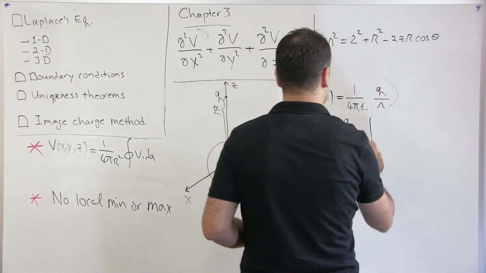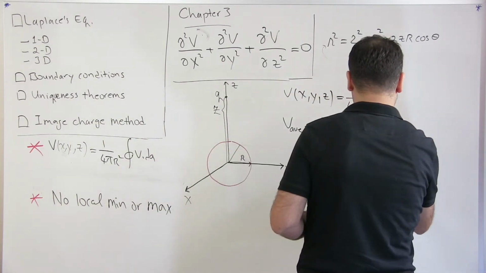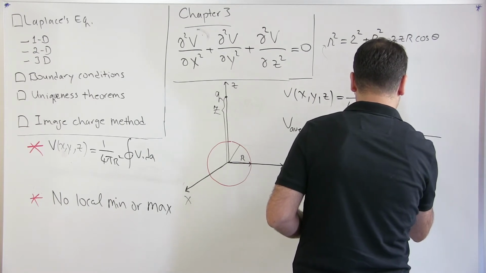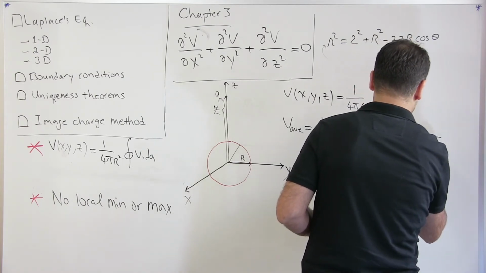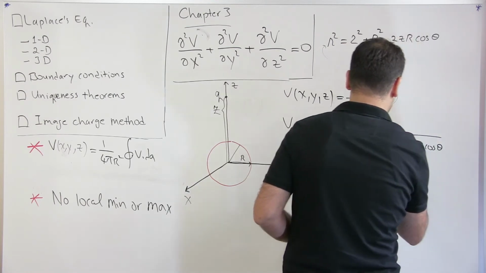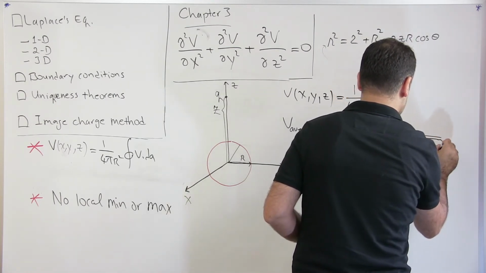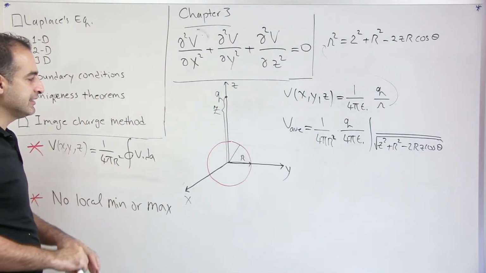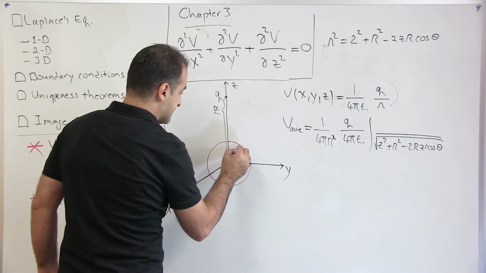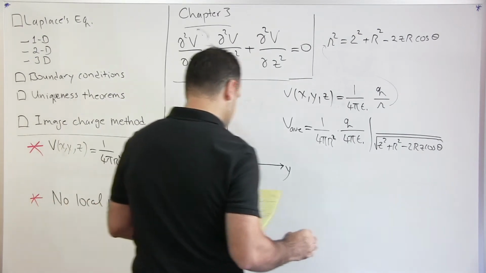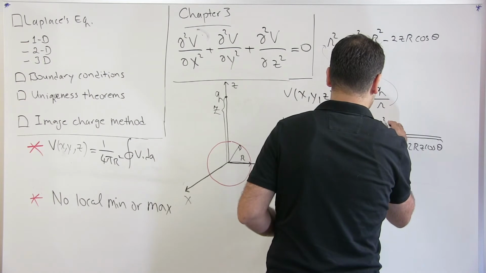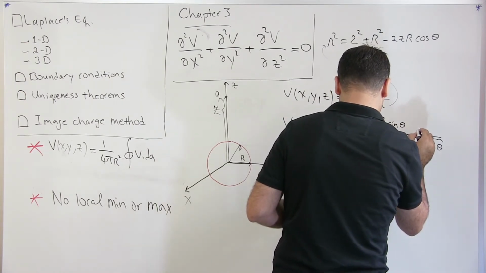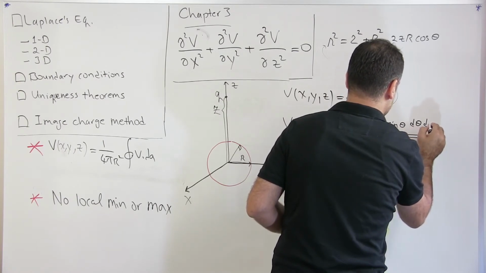In the integral we have 1 over r, which is the square root of z squared plus R squared minus 2Rz cos theta. And we have dA, which runs on the surface of this sphere, and that's going to be R squared sine theta d theta d phi.